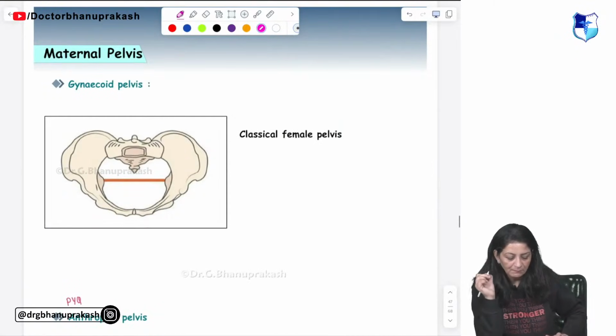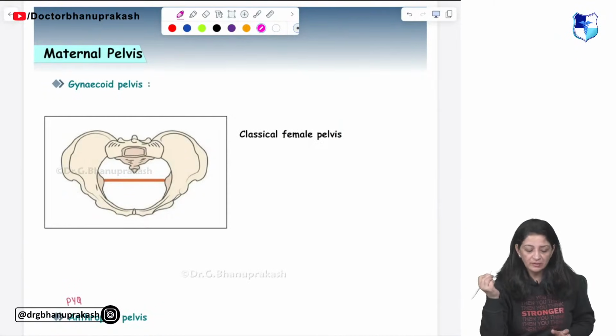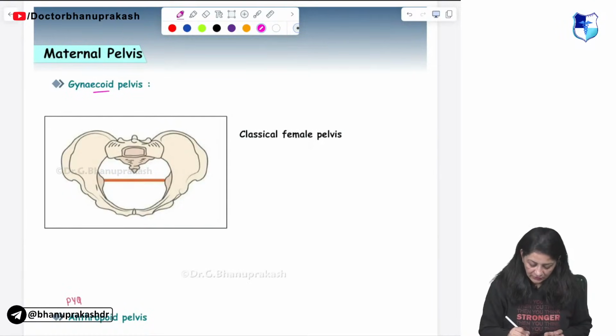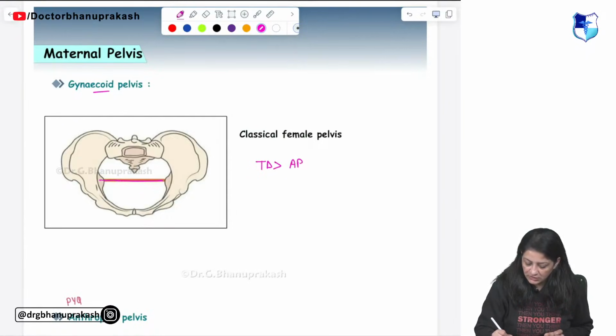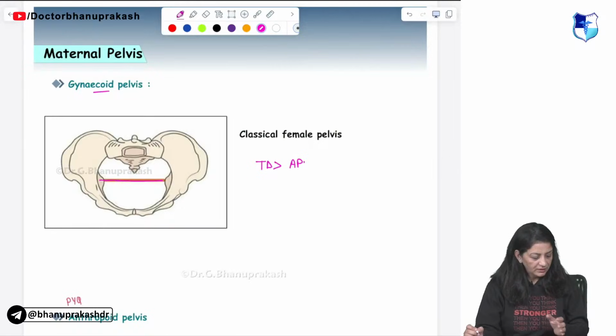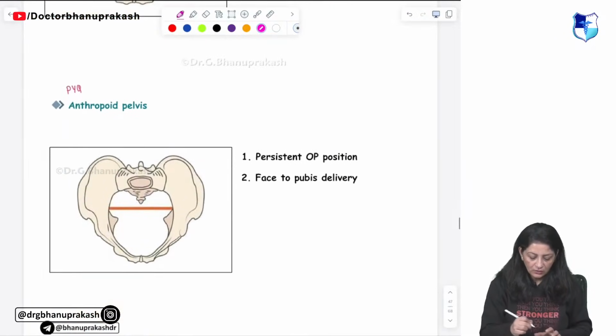Now, maternal pelvis. Most common is gynecoid pelvis, the classic female pelvis. Transverse diameter is more than anterior posterior diameter. Okay, so maternal pelvis is important. This was a PYQ.